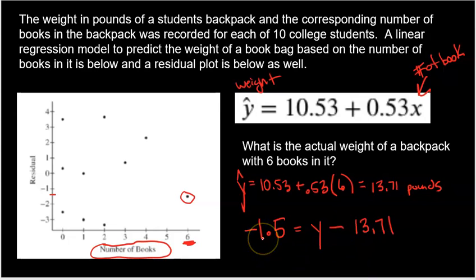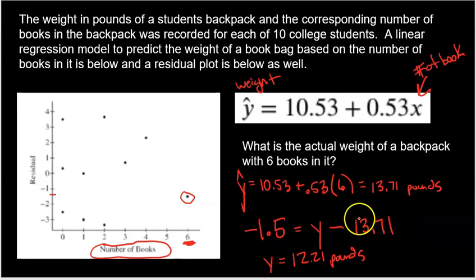All I got to do is take negative 1.5, add the 13.71, and the actual weight of the book bag was around 12.21 pounds. Now again, I did have to estimate what that residual was, so I can't be for certain, but I bet it's going to be pretty close. Somebody might say negative 1.4, negative 1.3. All those answers would probably be accepted as long as you're showing your work.